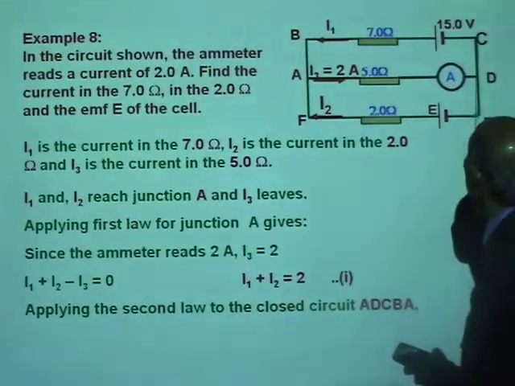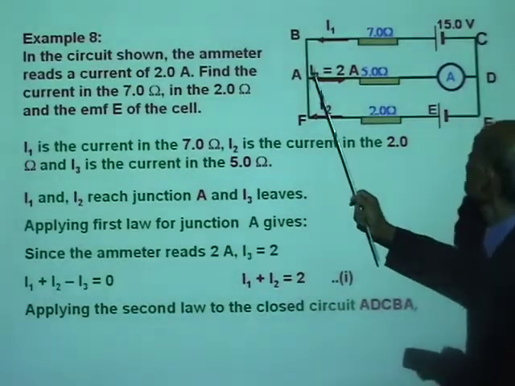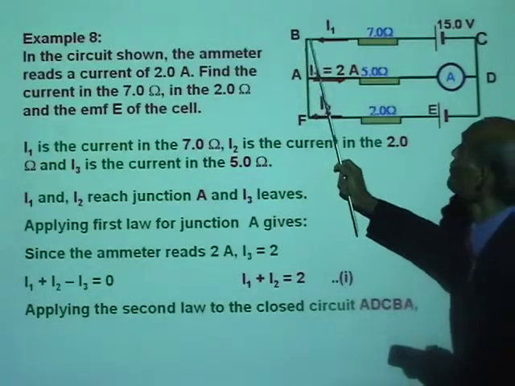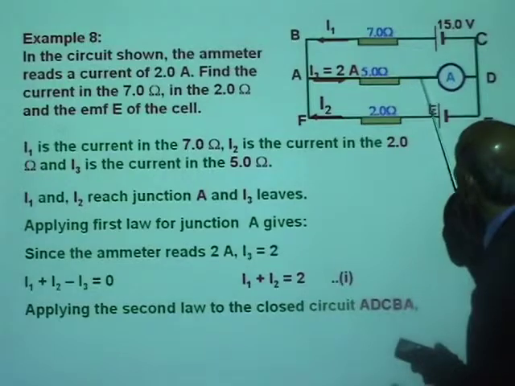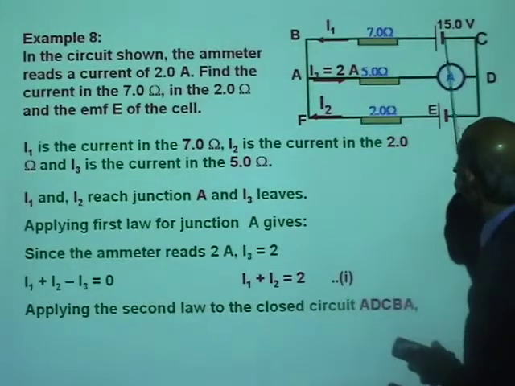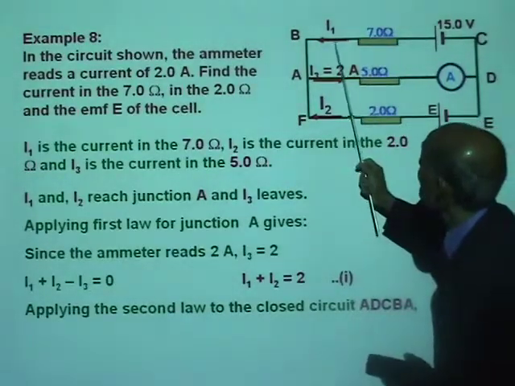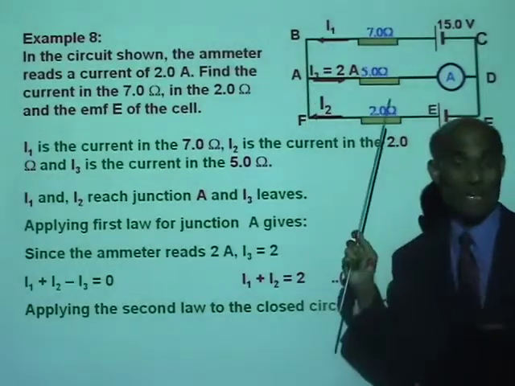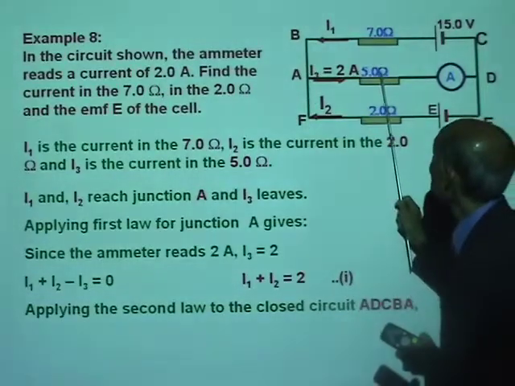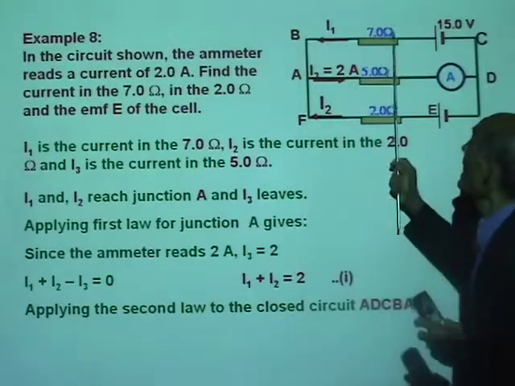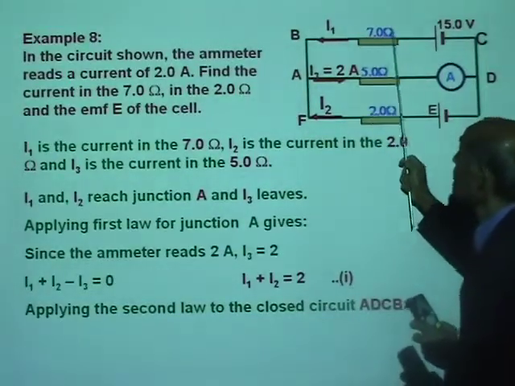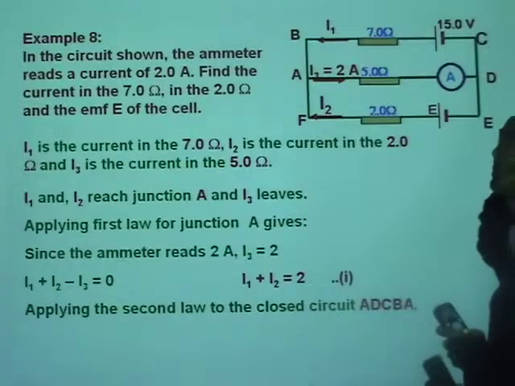ADCBA, that loop. Now, it's more convenient for me because the direction of the loop and the direction of I3, the direction of the loop and the direction of I1 are the same. You see that? That means the potential drop across the 5 ohm will be positive and the potential drop across the 7 ohm will be positive.